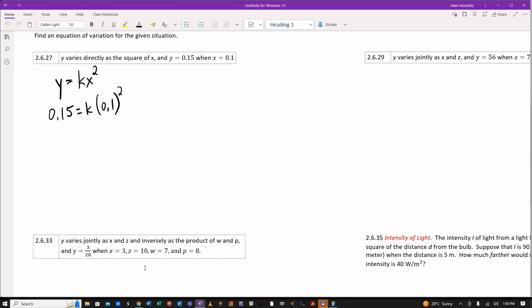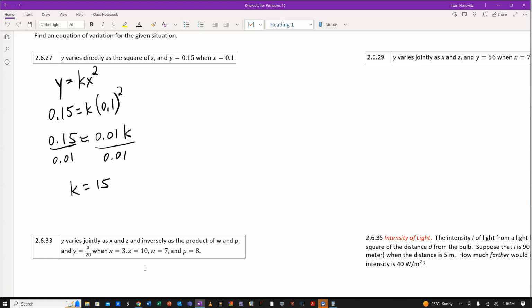We evaluate 0.1 squared as 0.1 times 0.1. That will be 0.01 times k. And we either multiply both sides by 100 or divide both sides by 0.01. We'll do that part. You'll get the same result either way. And you'll find that k will equal 15.